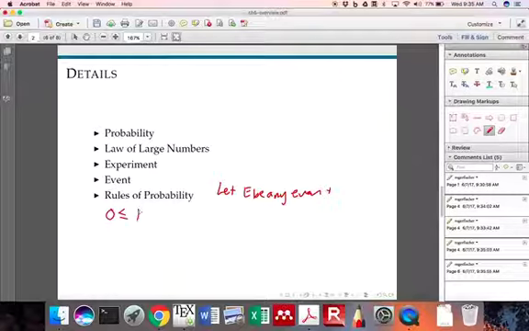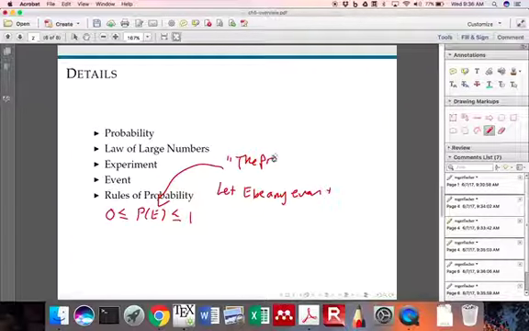So this is fancy notation. P of E, this means the probability of an event must be between 0 and 1 inclusive.